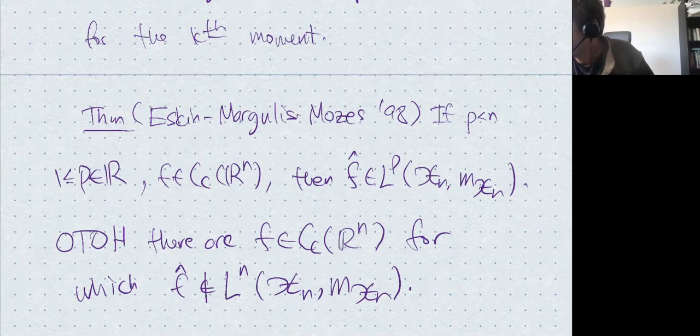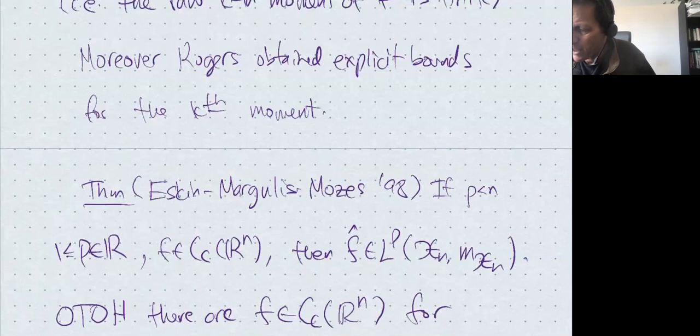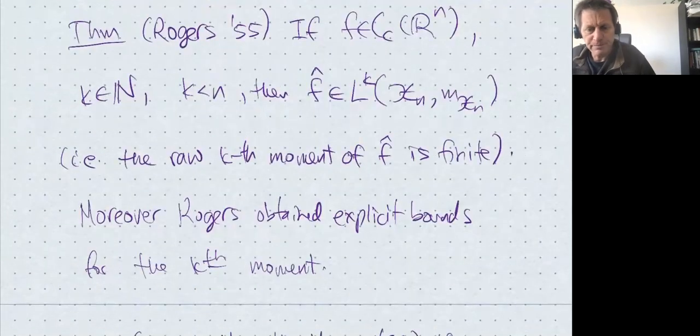So I'm going to sketch the proof of this Rogers 55 bound. And you'll see that it's actually not extremely difficult. I think it has an undeserved reputation of being a very difficult result of Rogers from the 50s, but I don't think it's that difficult.